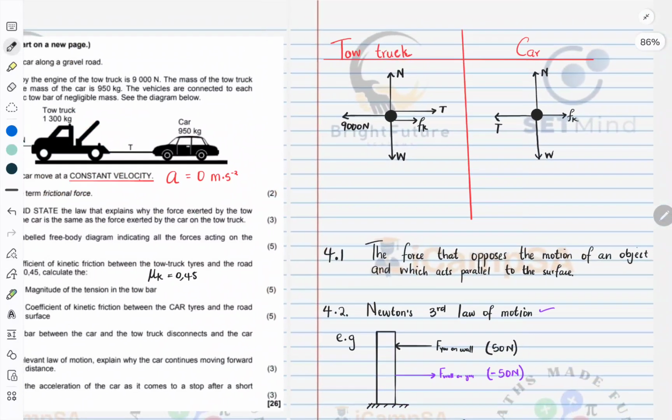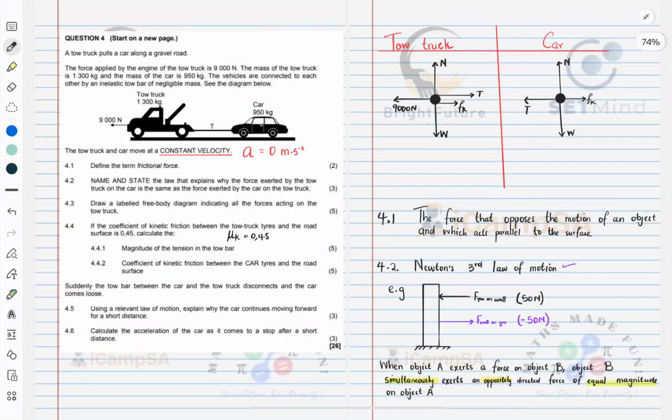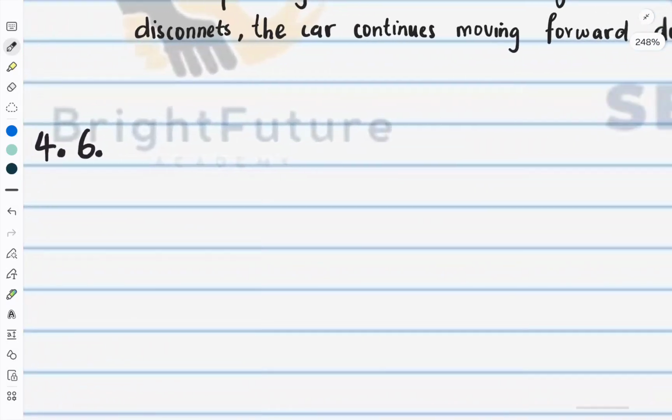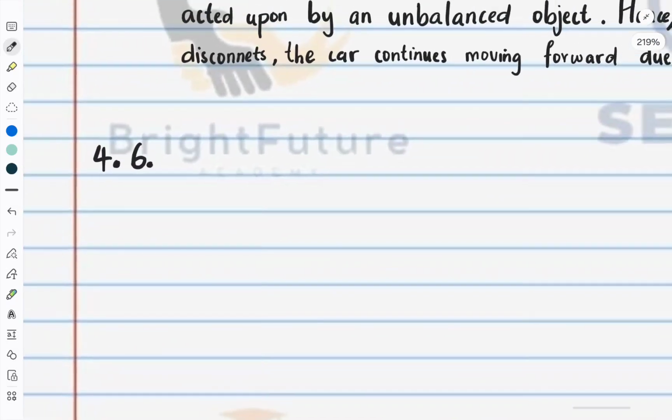So if we want to calculate the acceleration of the car as it comes to a stop, we will only have friction there. So it makes sense to still use our free body diagram, but now we will have to remove tension. We can't include tension anymore because the tow bar is disconnected, so there's no more tension. It was only there when these two cars were still connected. So we can still say Fnet equals MA, and I'm still choosing the direction of the car as positive.